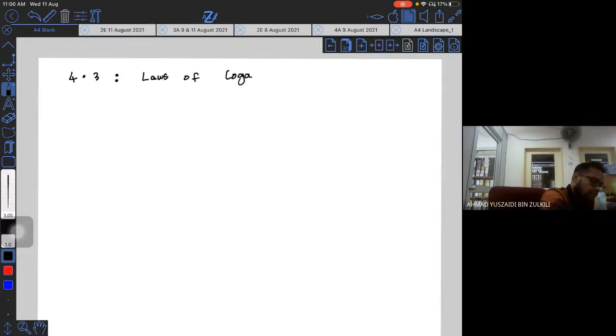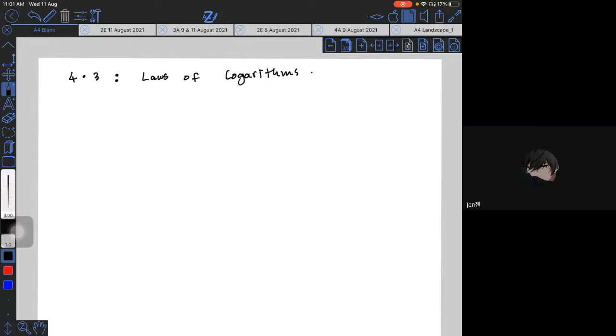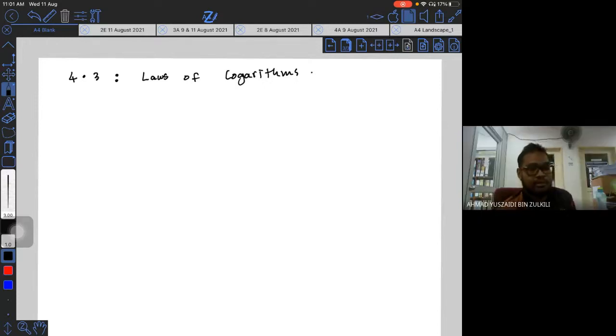Okay, logarithm. Have you heard these terms before in your lower form? Logarithm. Have you come across it? No, never. Don't remember. So this is a new term for you, okay? Some said yes, lower form no, but I heard this term. Okay.